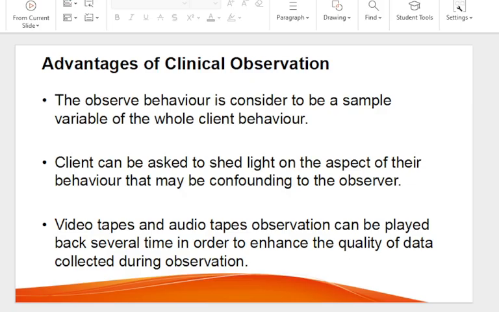You are able to define your behavior using a sample. So unlike other forms of questionnaire where you ask people to react to certain questions, with clinical observation you are able to know what you are looking out for and see what you are looking out for and measure what you are looking out for.